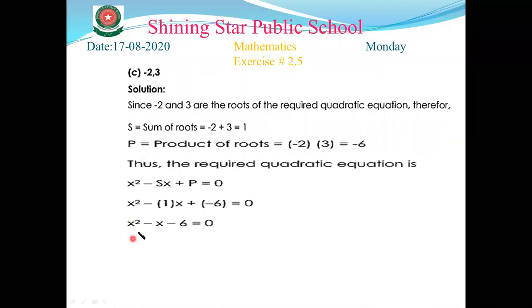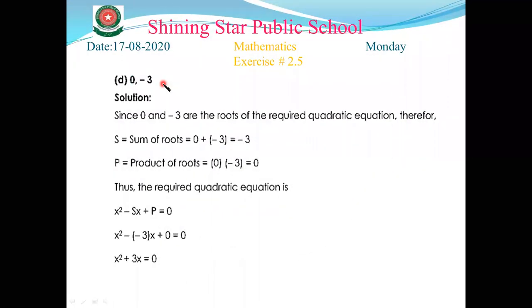You can solve this equation x square minus x minus 6 by factorization, completing the square method, or quadratic formula. It's up to you which method you adopt for solving this equation. And when you solve this equation, you will get your answers x equal to minus 2, x equal to 3. Okay, so you can also check your answers.